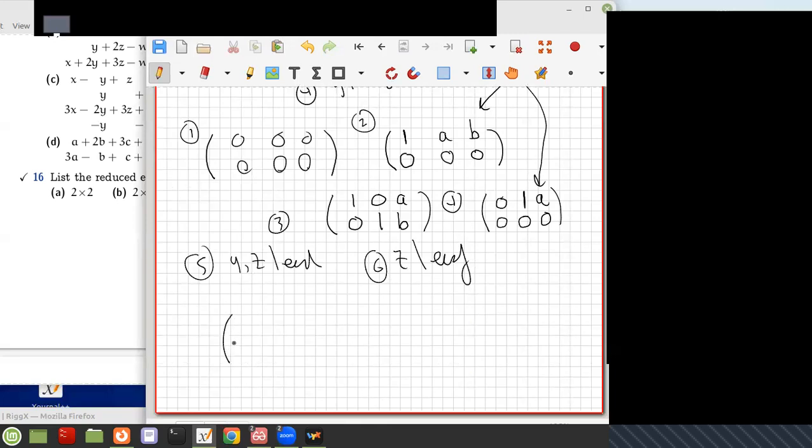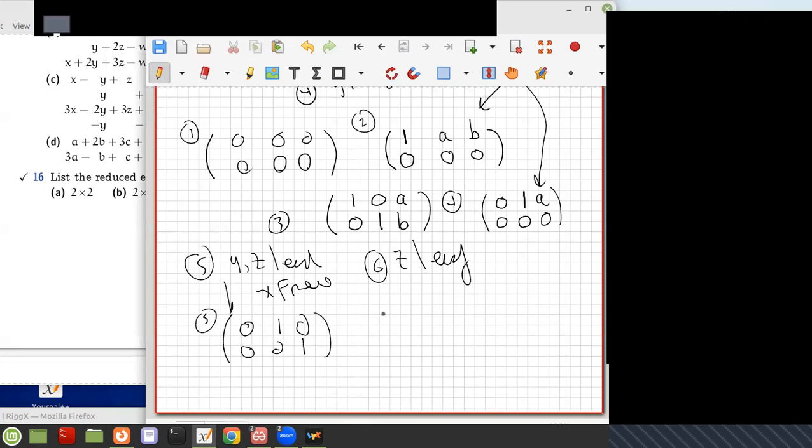Okay, well, that would be 0, 1, Y is leading, 0, 0, 1, 0. This is 5, Y and Z leading, right? I think there's only one matrix of that form, because if Y is leading and Z is leading, everything else has to be zeros, and X is free.